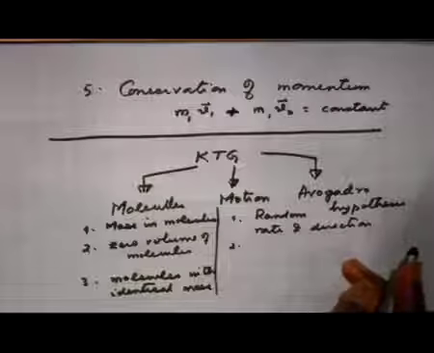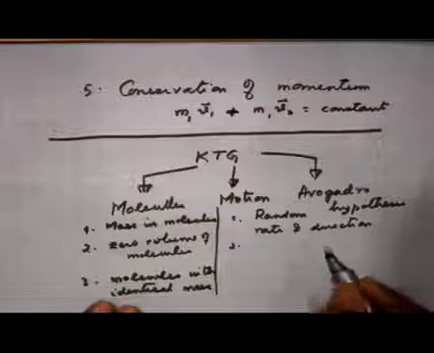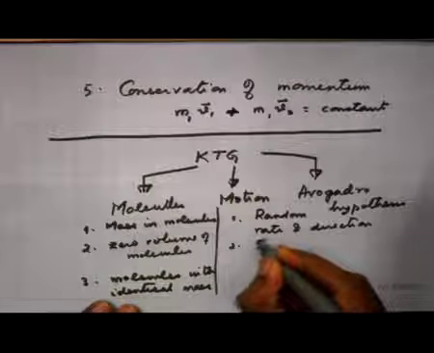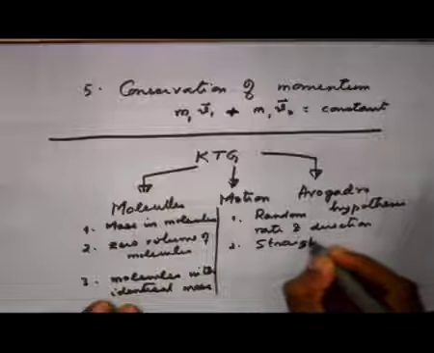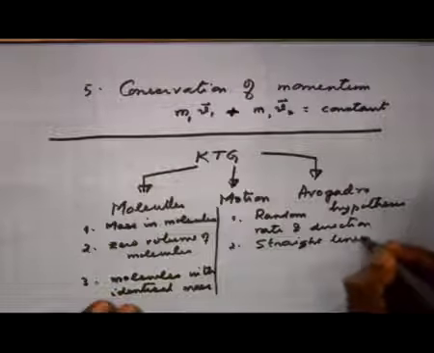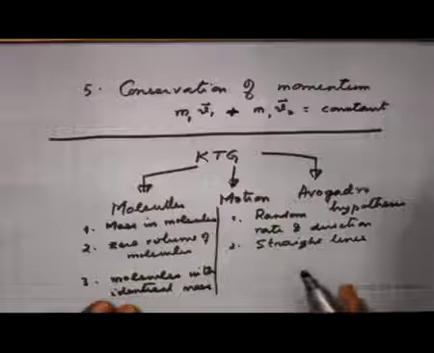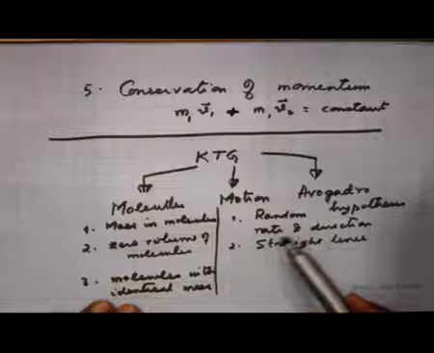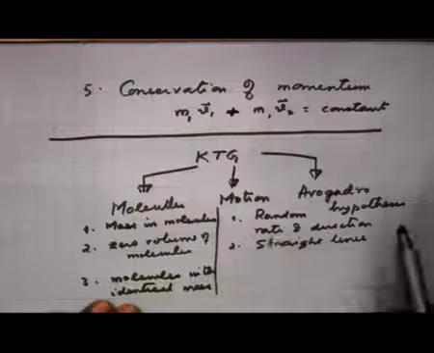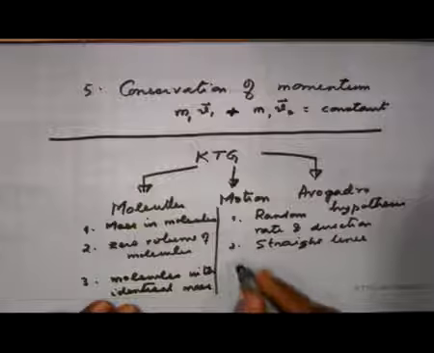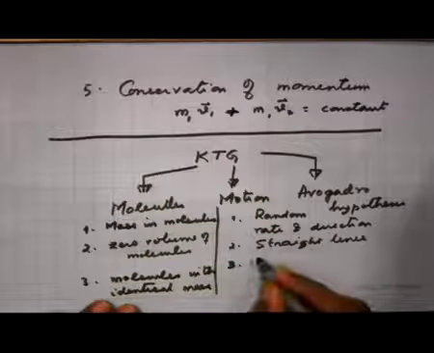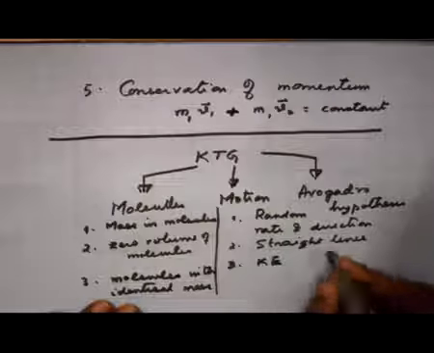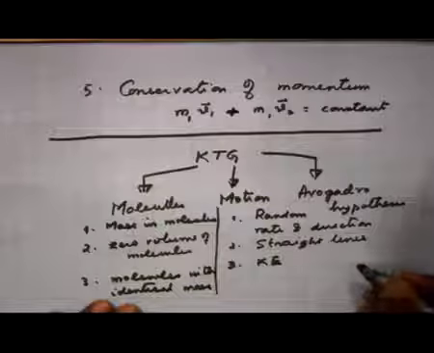The first thing is that they move in straight lines. Anyway, you can just rewrite it a little bit. So they move in straight lines and they have velocities which vary in magnitude, from 0 to a very large value. The third thing is about the kinetic energy, that it varies with time for a molecule and at any temperature.